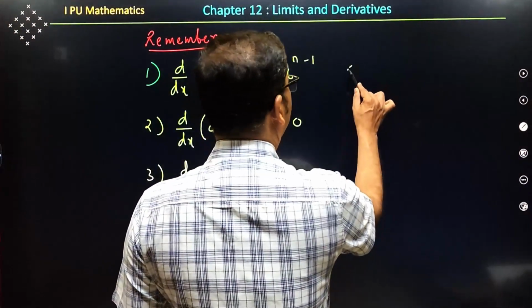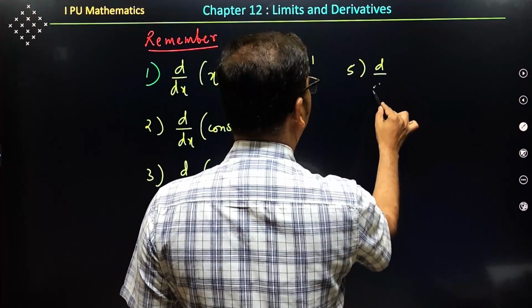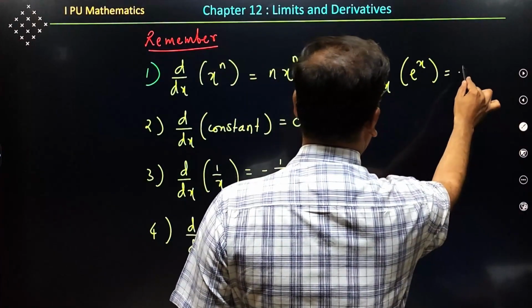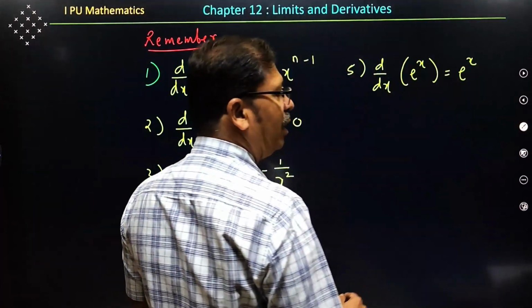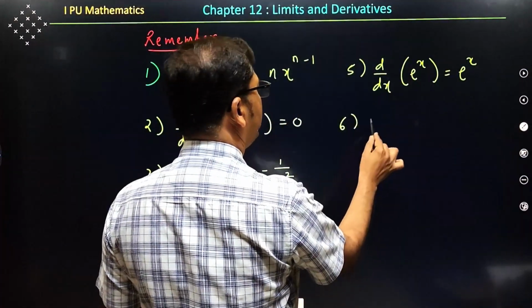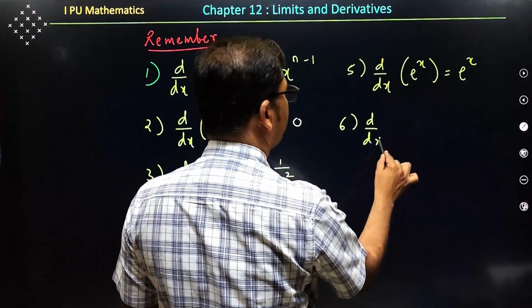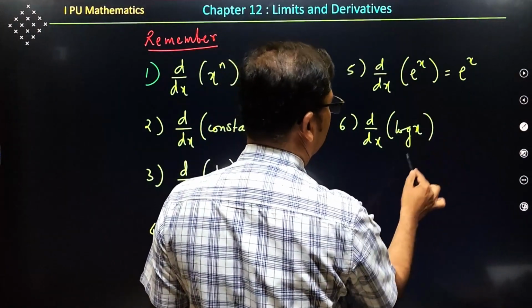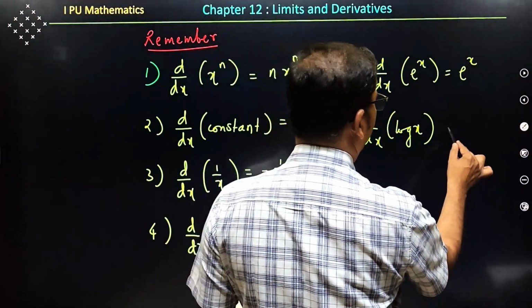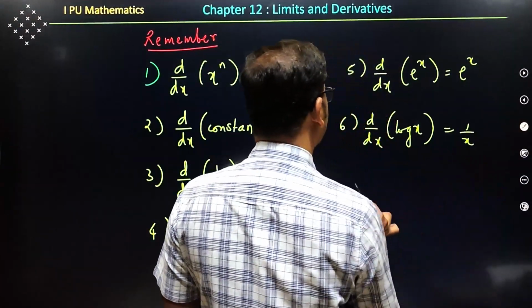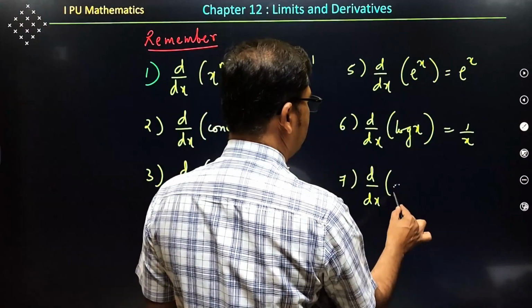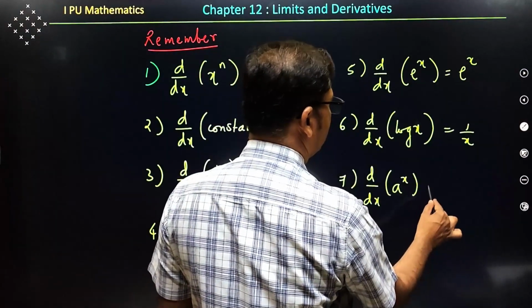Then differentiation of e to the power x is equal to e to the power x itself. Another result: d by dx of log x, where x is greater than 0, is equal to 1 by x. Better you remember this one also. And one more: d by dx of a raised to x is a to the power x into log a.